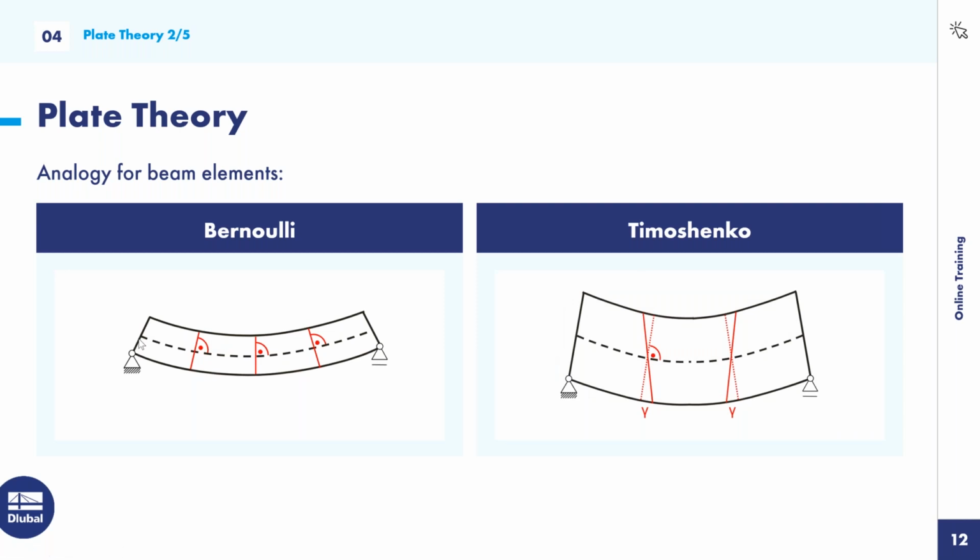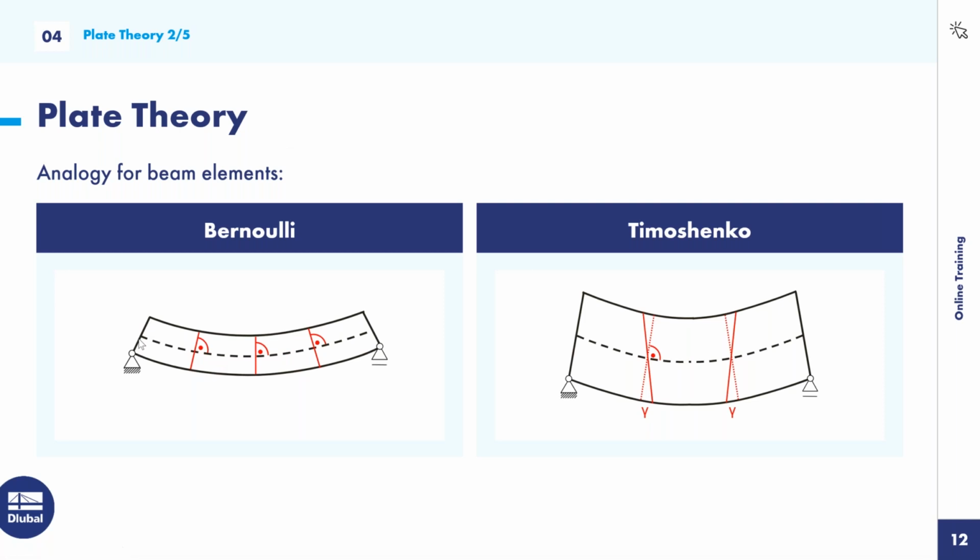This means that we are going to have additional deformation, and this is due to the shear stiffness being limited. So as the member deforms, the angle changes, and we are just going to have additional shear forces. Again, this is because we're taking shear stiffness into consideration for Timoshenko theory, but not for Bernoulli's.